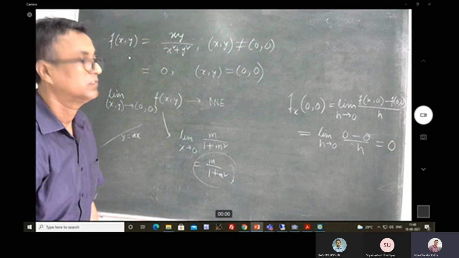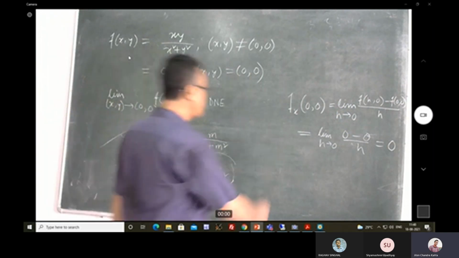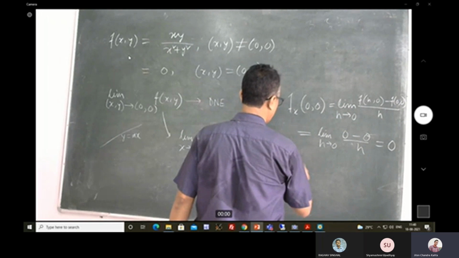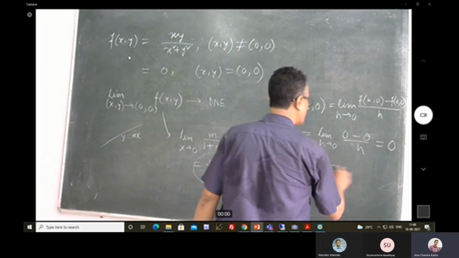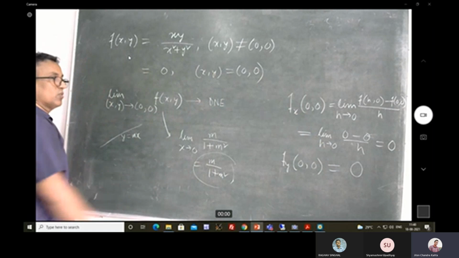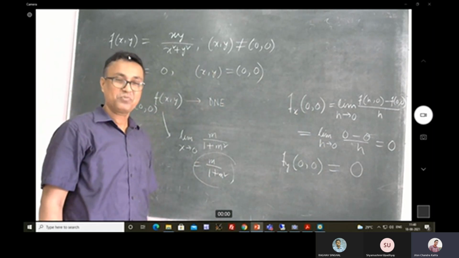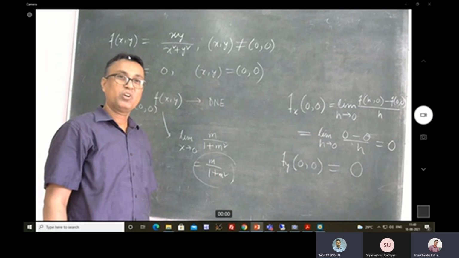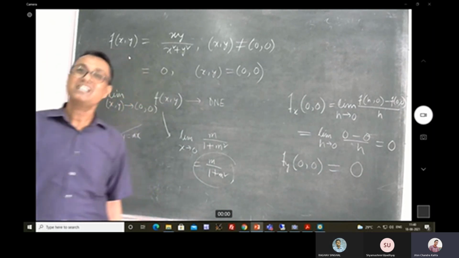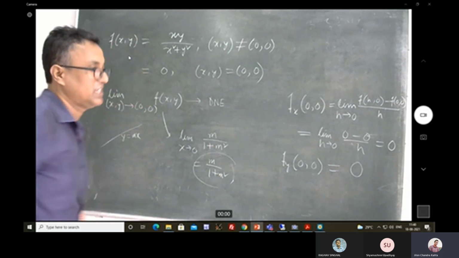Yes, it is 0. Similarly, this is also going to be equal to 0. So even though the function is not continuous there, the partial derivatives at that point with respect to x and y exist. That is an interesting observation here.